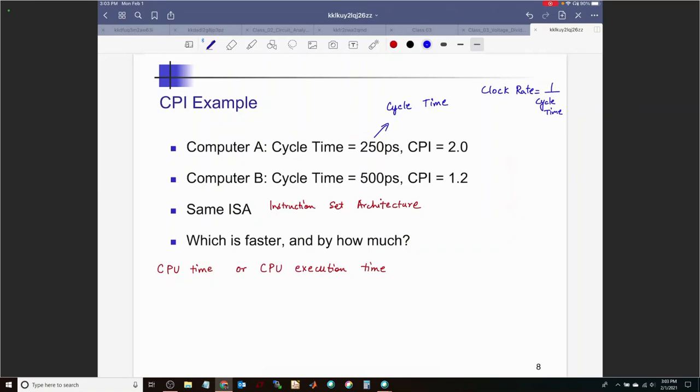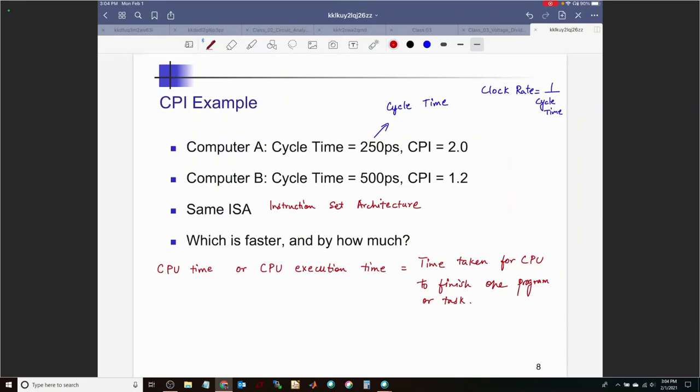So CPU time or CPU execution time is the time taken for CPU to finish one program or task. A program or a task may be several instructions, right?